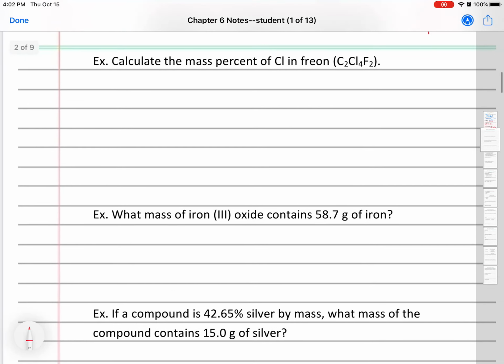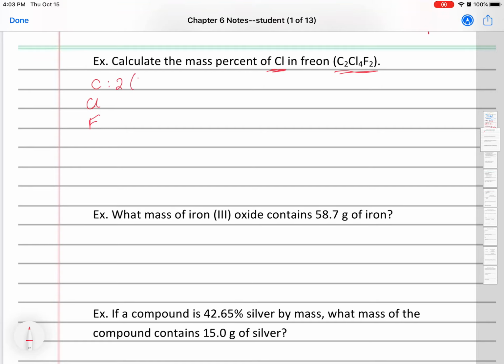Eek. All right, calculate the mass percent of chlorine in Freon, which is a cooling agent used in refrigeration. And this is the chemical formula for Freon. Since we're given the molecular formula, the first thing we need to do is figure out the molar mass. So I'm just going to list out all of the elements here.